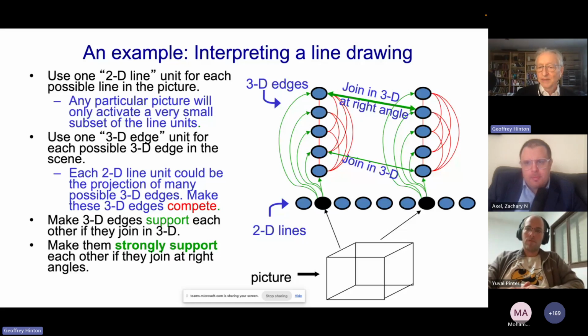But it ought to settle down into one of those stable states where it tries to maximize how many interpretations of lines join in depth if they join in the image, and how many right angles there are. Okay, so you can make a circuit like that, and you can hope that if you put the right weights on the connections, you'll be able to interpret images in terms of 3D edges.